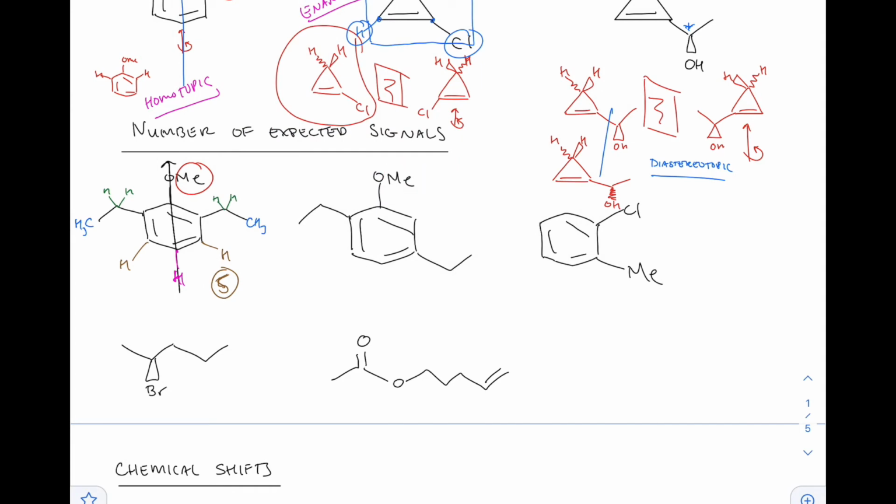So this one doesn't have that symmetry element anymore, right? Like we don't cut it down and have the same thing on the left as the right, and that's just because these are connected at different carbons with respect to that methoxy group. That throws off the symmetry of this molecule completely.